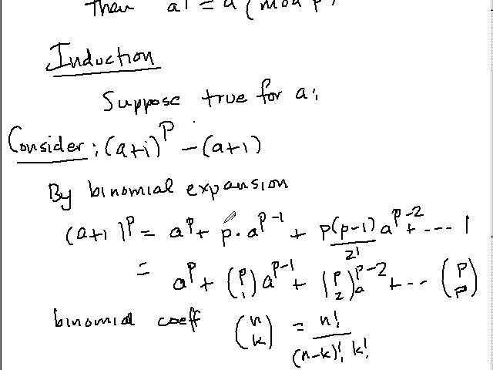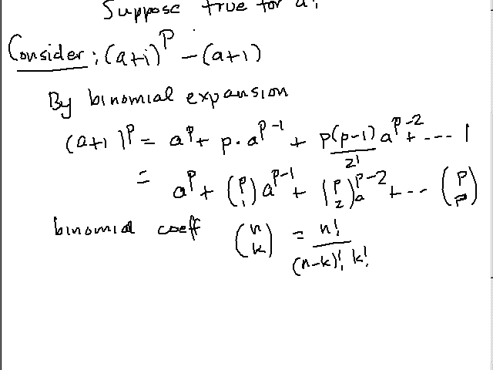Okay, so p is divisible by p. p times (p minus 1) over 2 is divisible by p. The third one is p times (p minus 1) times (p minus 2) divided by 3 factorial. Obviously, they're all divisible by p.